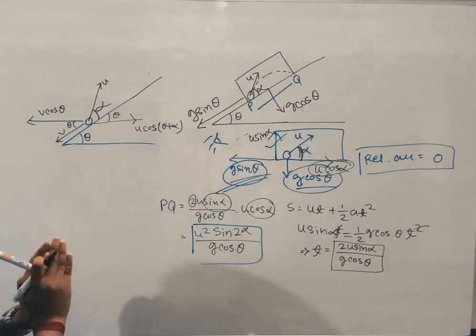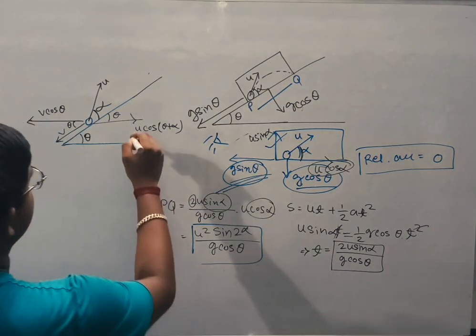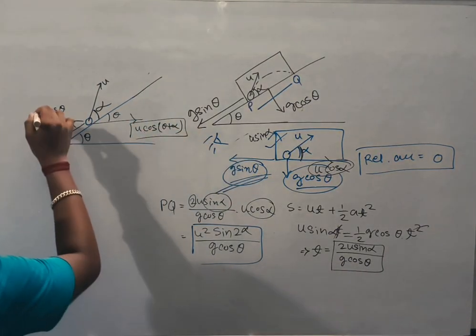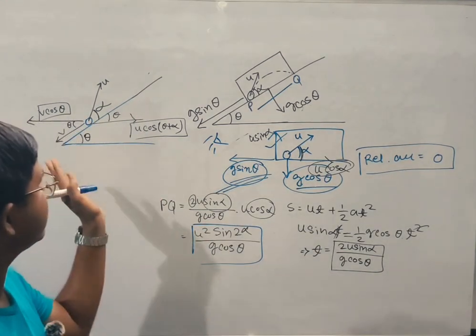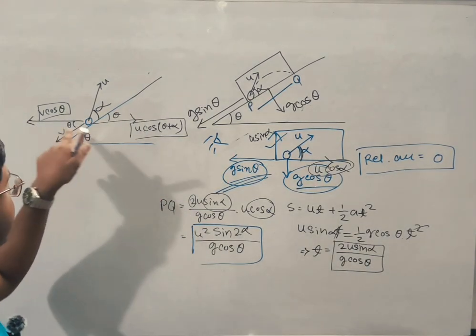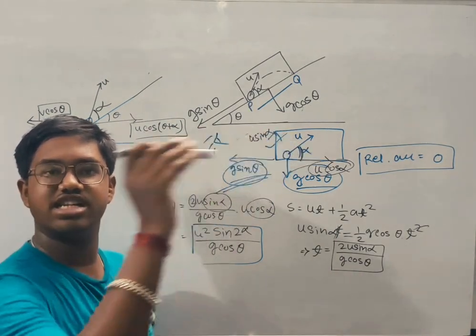Two velocities are working on the one particle: one is u cos of theta plus alpha, and the other is v cos theta. If the two velocities are equal and in opposite directions, the particle will not have any horizontal displacement.